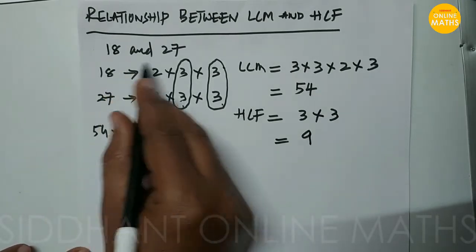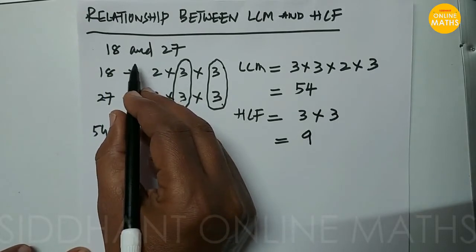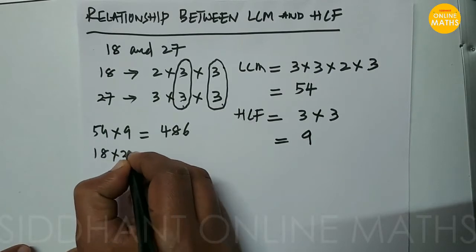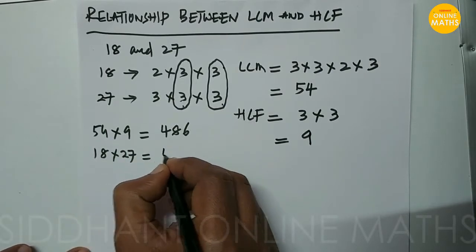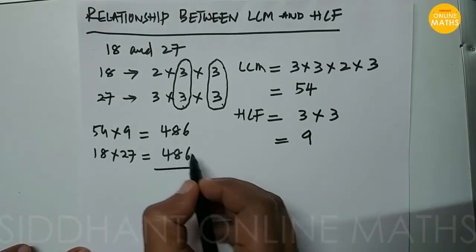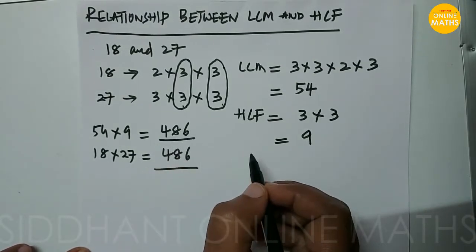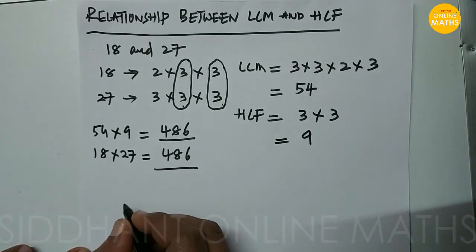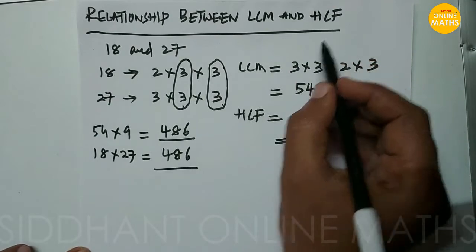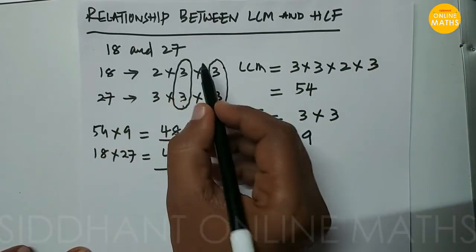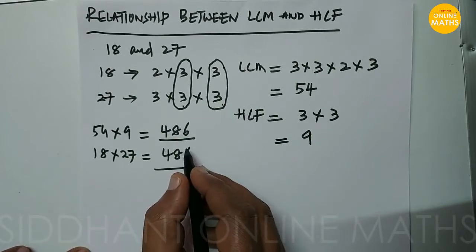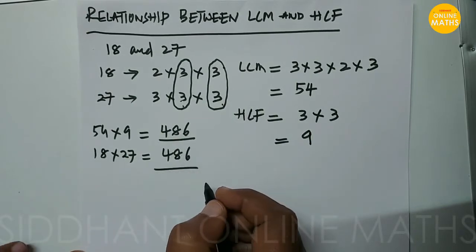And when you multiply the given numbers 18 and 27, we get the number 486. So we get the same number, 486 and 486. By this we conclude that the product of the LCM and HCF is equal to the product of the given numbers. So this is the statement we write here.